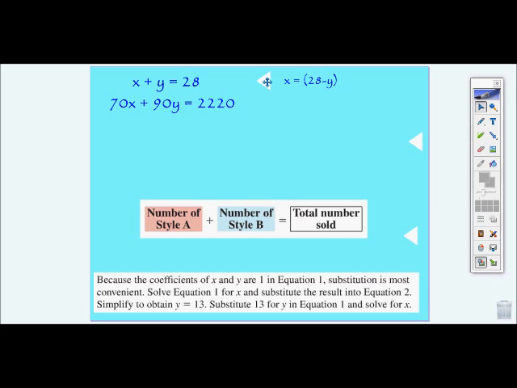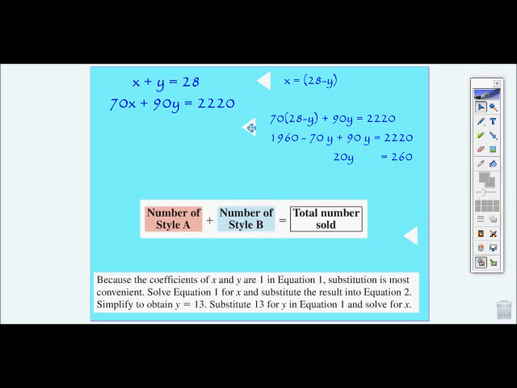In doing so, I can use the substitution method with the second equation. Instead of 70x, I can substitute in the quantity 28 minus y. We still add the 90y and have the total of 2,220.